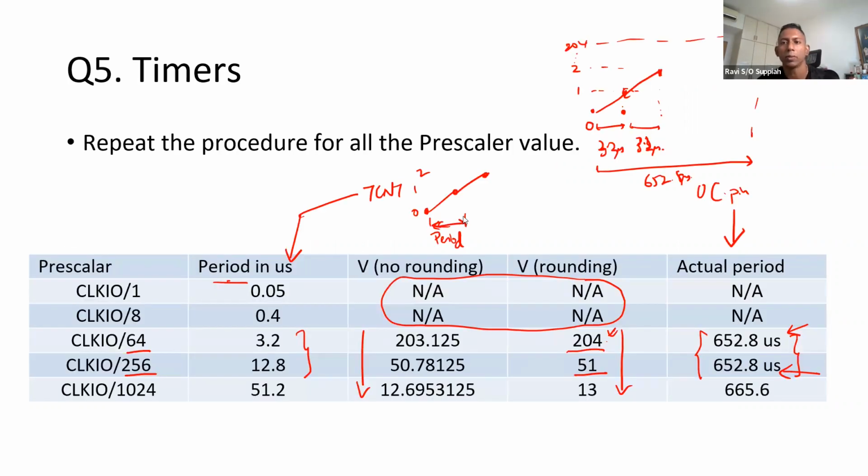When the gap is smaller, it's easier for me to get a more precise timing. When the gap is bigger, there is more error. When my prescaler is 1024, I have a very big gap between the counts, so when I settle on one final count, the error is very big.